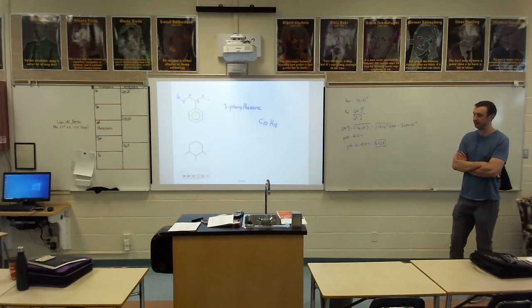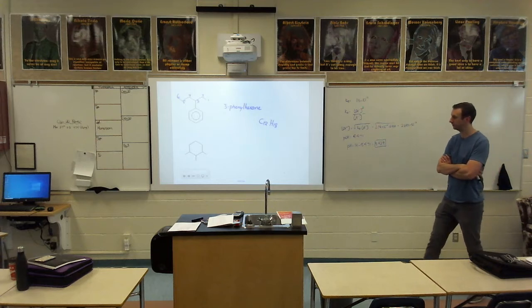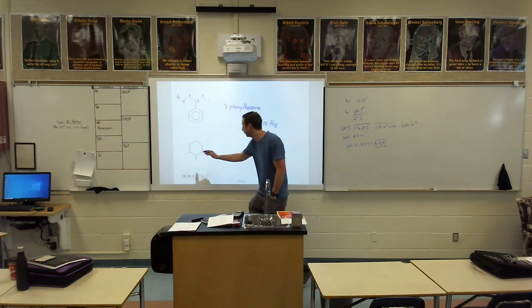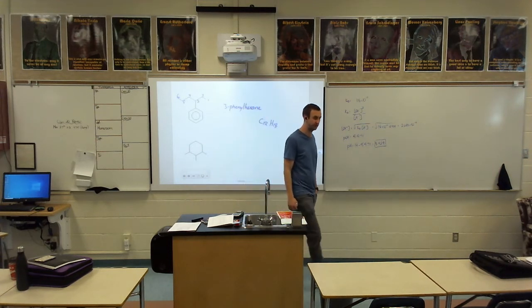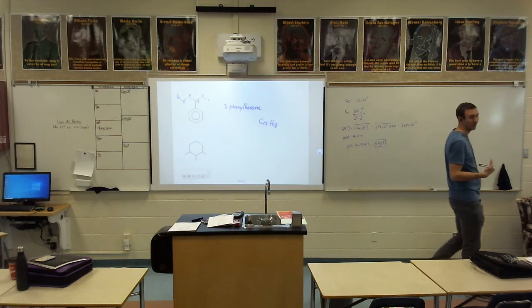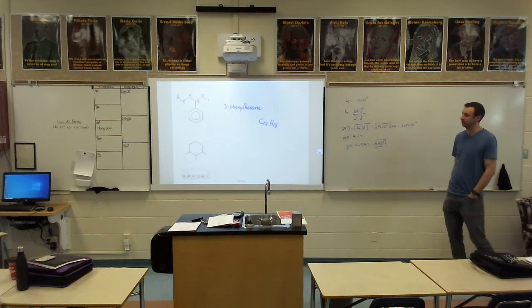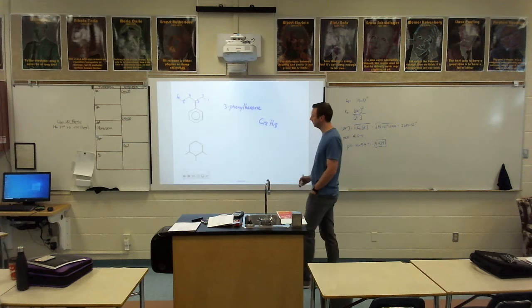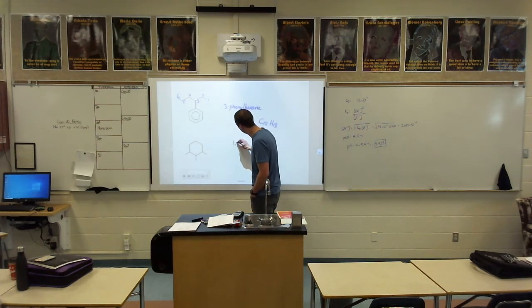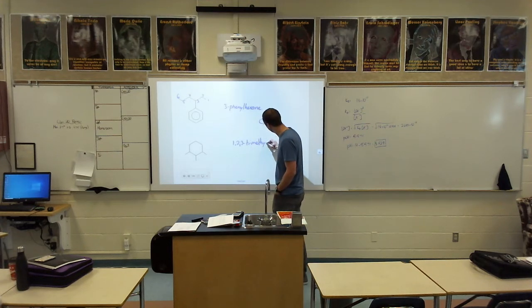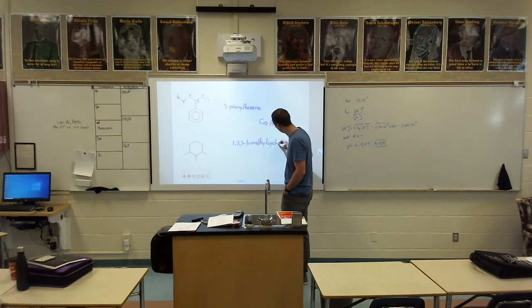Next one, is that an aromatic? No. There's no double bonds, there's no benzene and stuff going on. I would need to have the 3 double bonds, 1, 2, 3, in order for it to be a benzene. This is simply a cyclohexane. So this would be 1, 2, 3-trimethylcyclohexane.